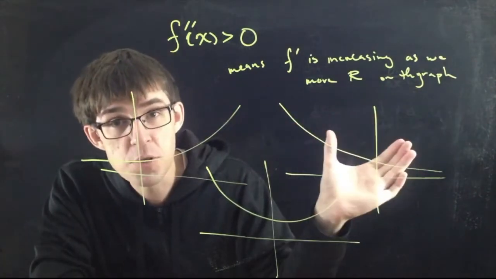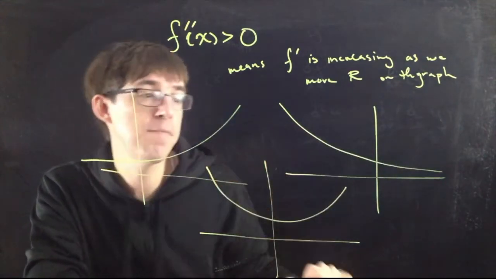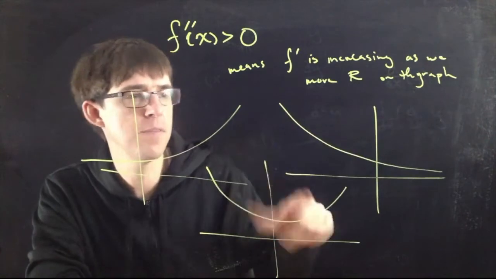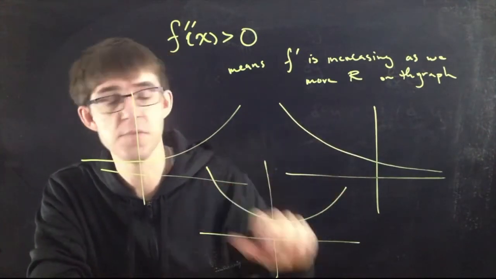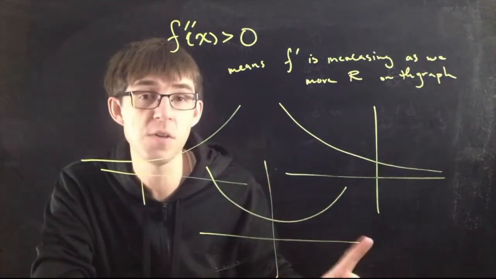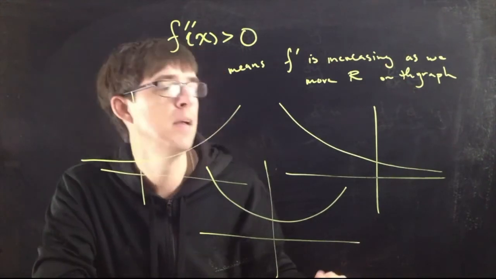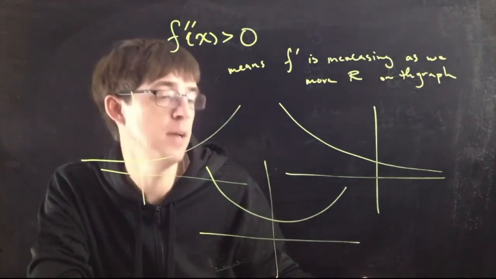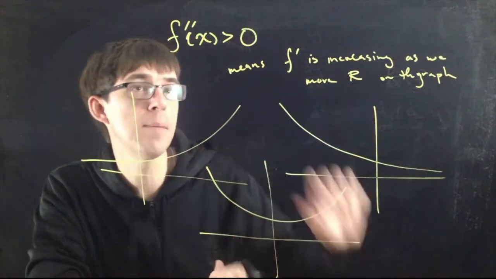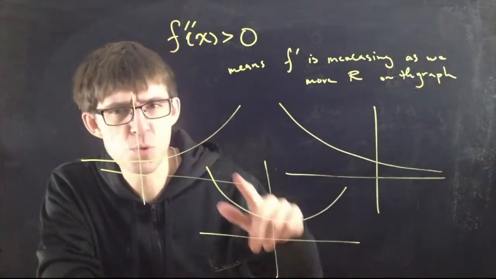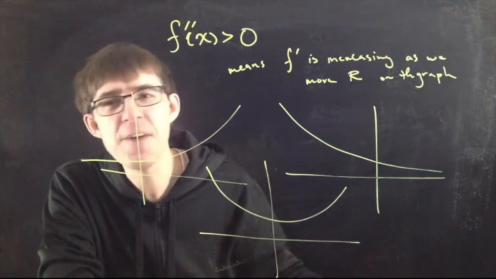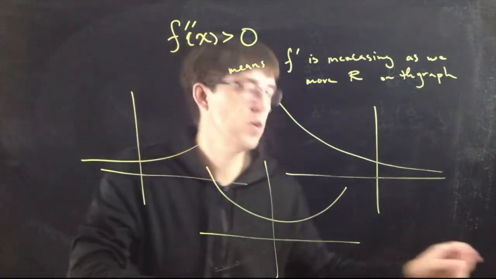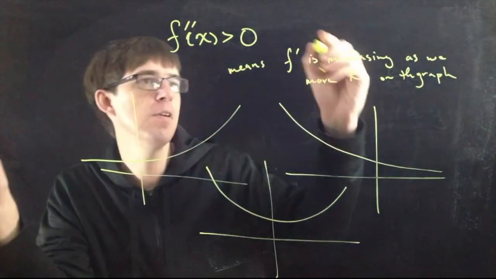And this kind of measurement of the shape of the graph is not the slope, because the slope is different for all these. Like this has a negative slope, this has a positive slope. It's how the slope is changing. It's not called slope, it's called concavity. So we say this one has positive concavity, is the geometric way to describe the second derivative being positive. Sort of the shorthand is we just say that f is concave up in all of these cases. So f double prime greater than 0.